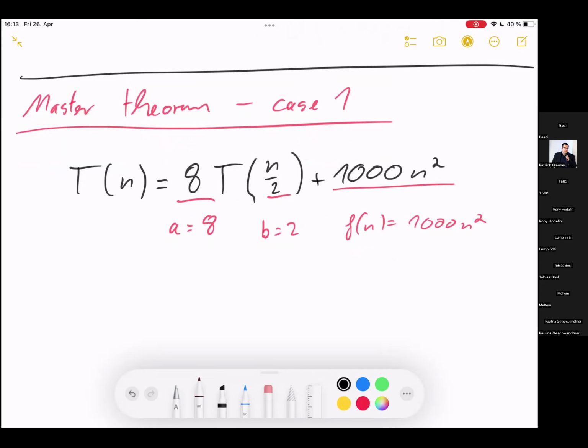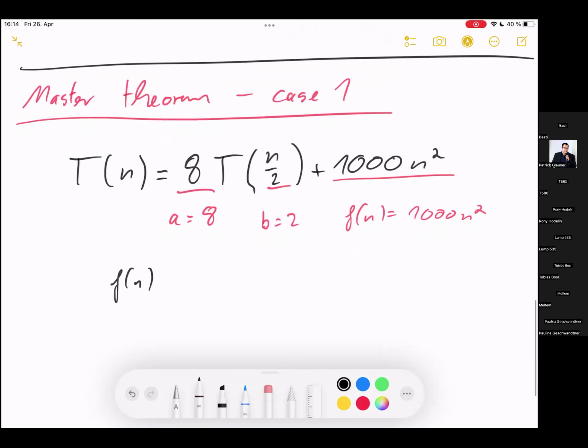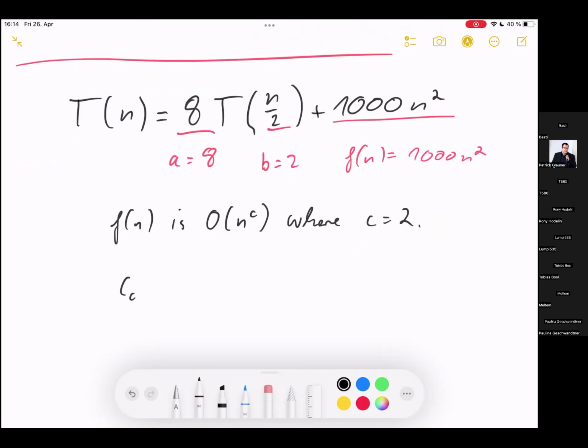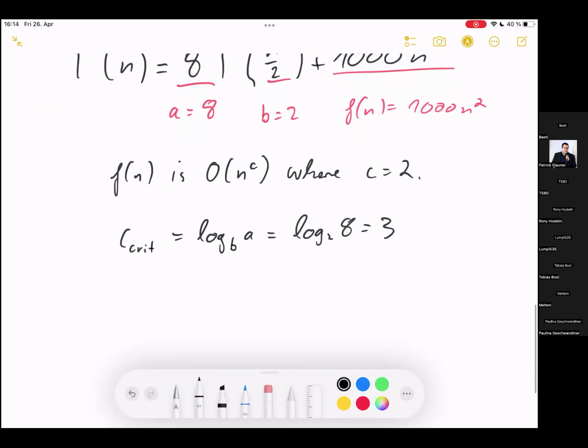And we see that f of n is O of n to the c, where c is 2. We also need to calculate the critical exponent. So C critical is log base B of A, the binary logarithm of 8, and this is 3. So the critical exponent is greater than 2.